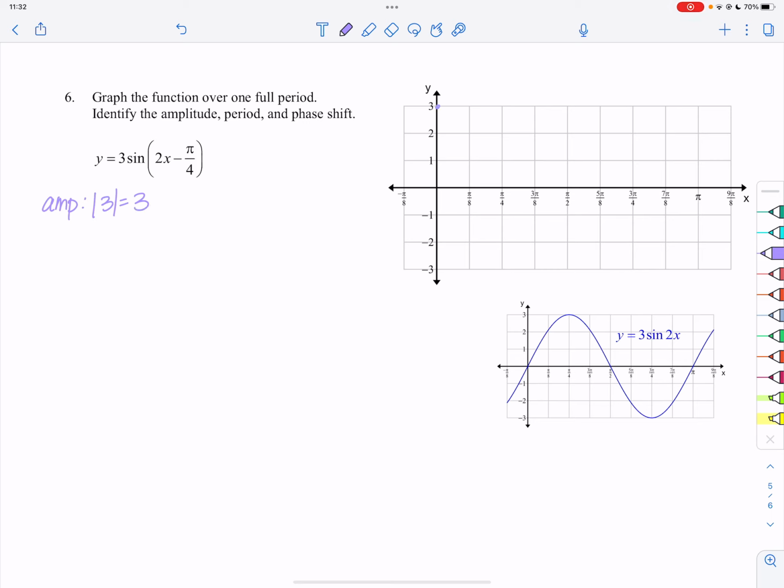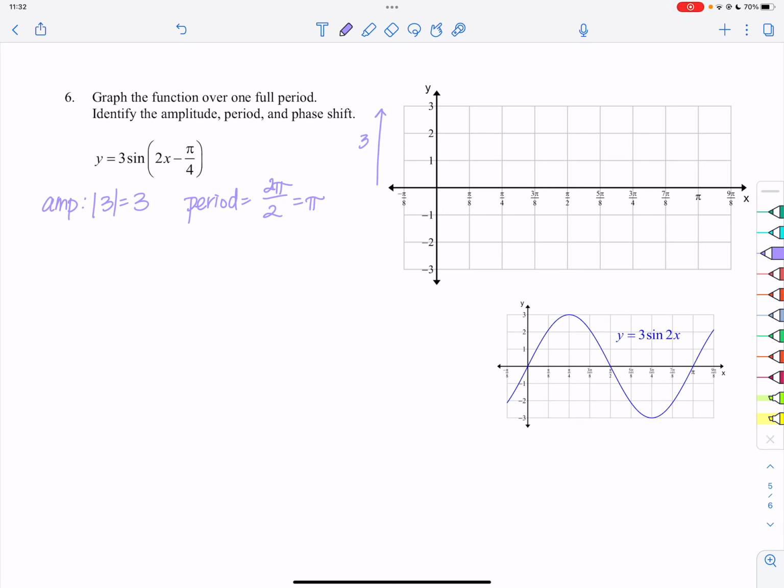And that is why we have this value here. We'll have this as 3. That's our amplitude. Okay, let's talk about the period. Remember, we're going to have 2 pi, and we're going to divide it by b, which is 2, and we will have pi as our period.